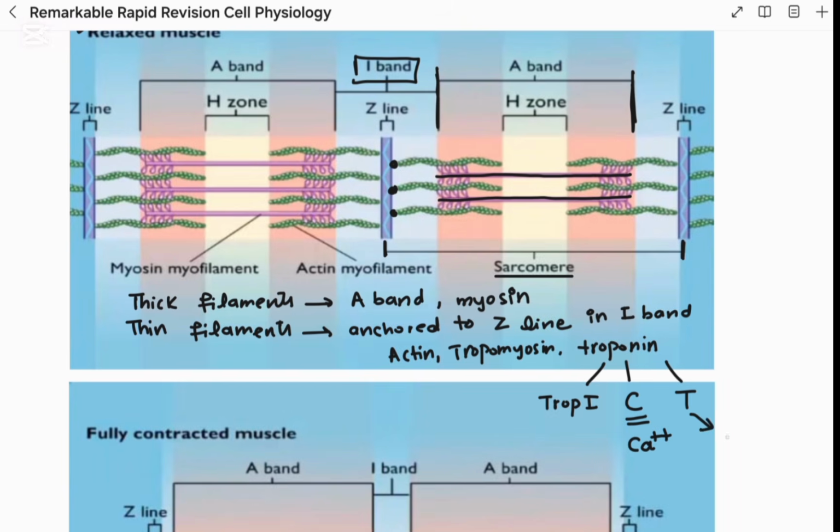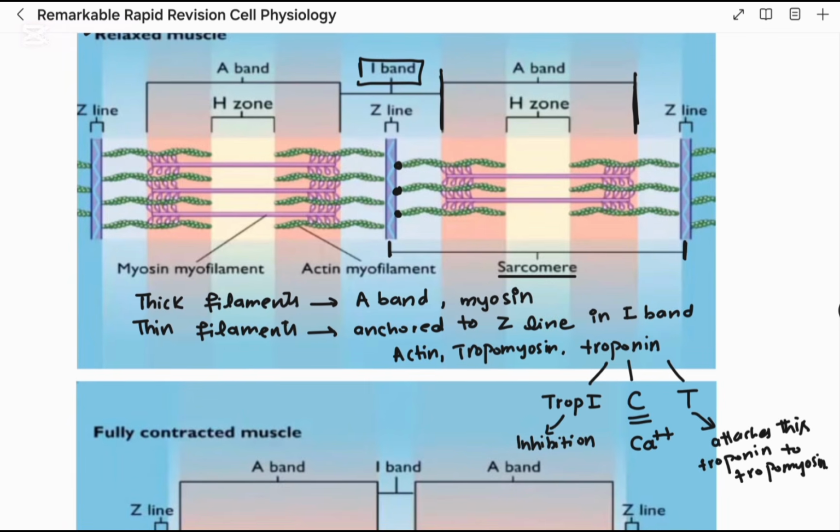This troponin T attaches this troponin complex to tropomyosin, and this troponin I is for inhibition. These thin filaments interdigitate with the thick filaments in the region of the A band.